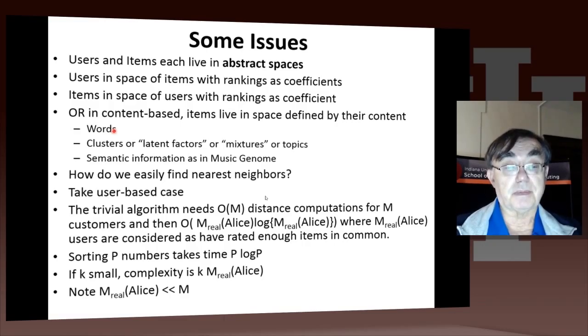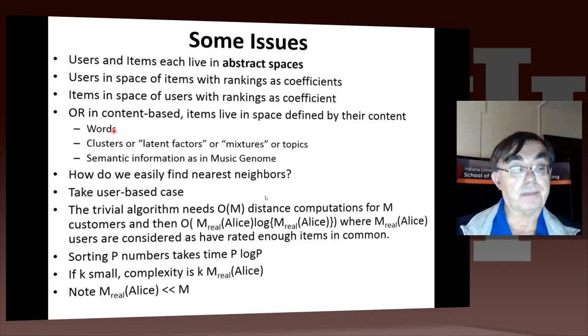Then, if we're looking at Alice, we need to find the users which have rated enough items in common, and we have to sort those distances, and that takes a time of order M log N. And so if K is very small, you will find it takes a time like K times the number of customers that have rated enough items in common.